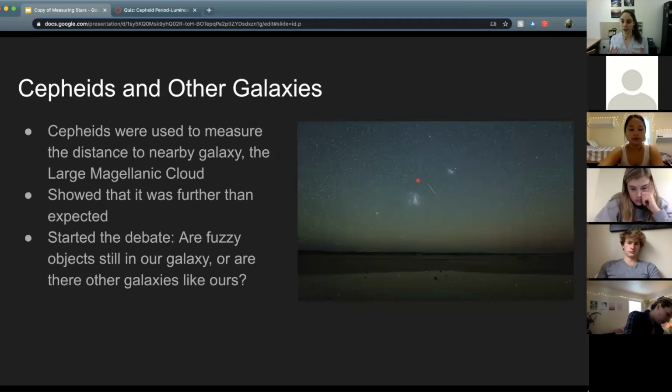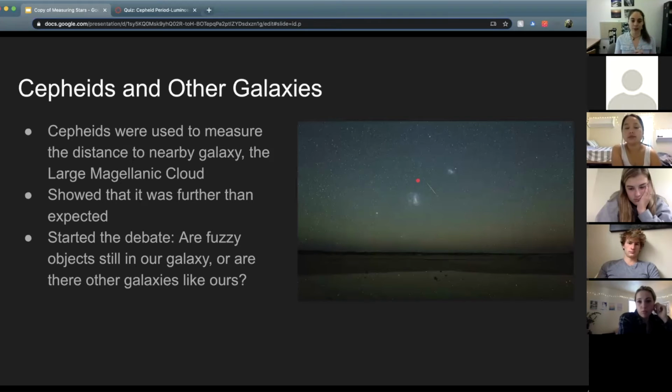The relationship between period and luminosity of Cepheids is sometimes called the Leavitt law, after Henrietta Leavitt, who found it. Henrietta Leavitt is one of the Harvard computers, some of whom you have done the Star Notes citizen science project for, where you transcribe the notes of the female astronomers who worked at Harvard in the early 1900s.